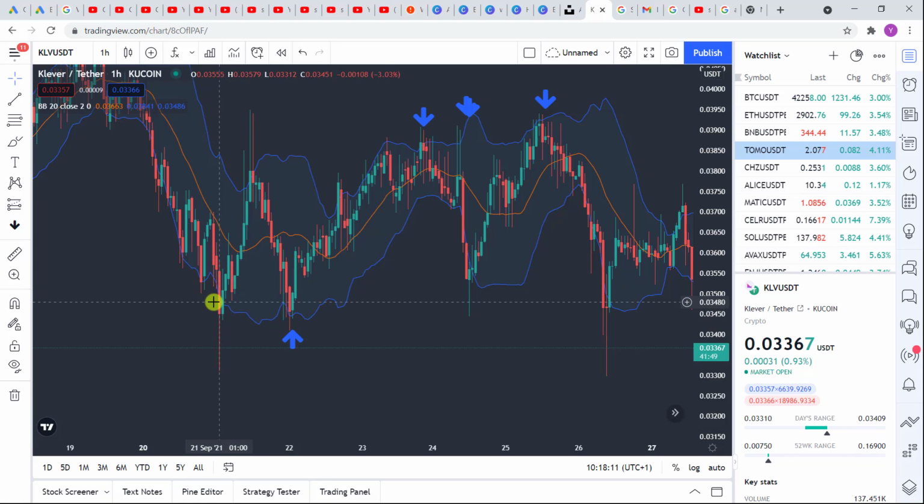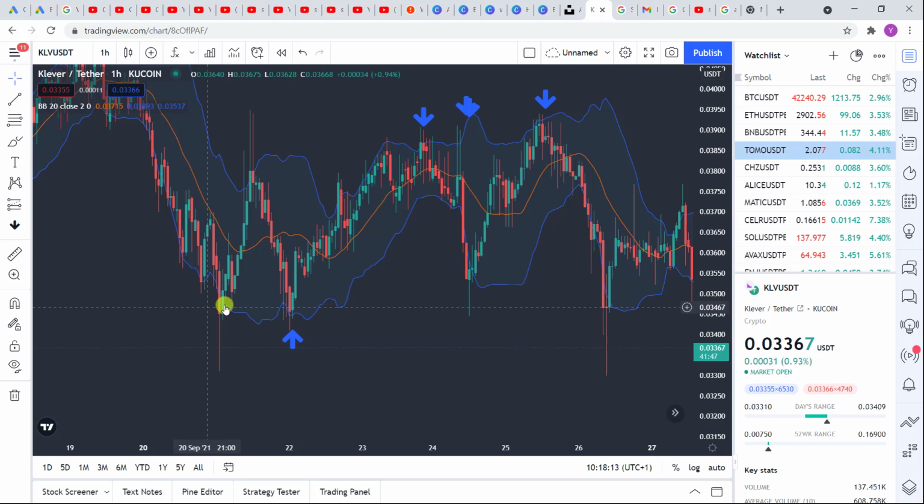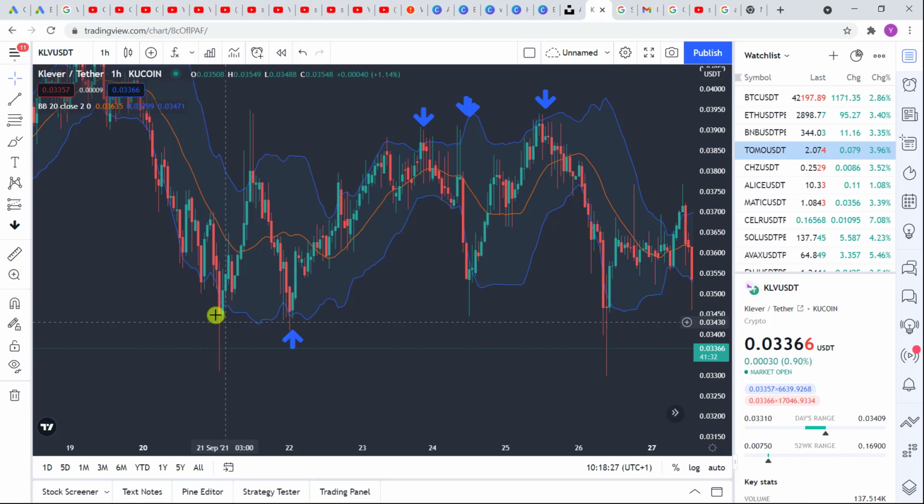Actually, this is forming a bullish engulfing, but it is not a textbook bullish engulfing. But the concept is that you have a long green candle, then a long red candle, followed by a small candle. So this red candle has engulfed the green candle. So this is technically a bullish engulfing.